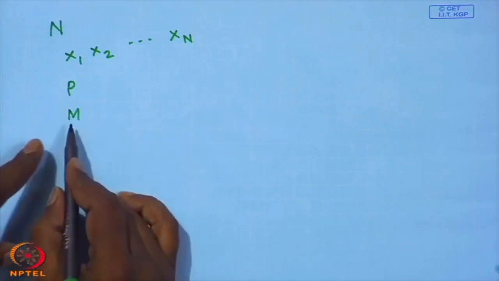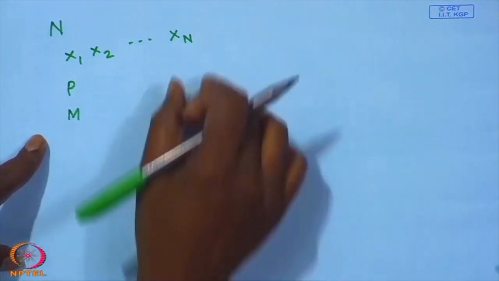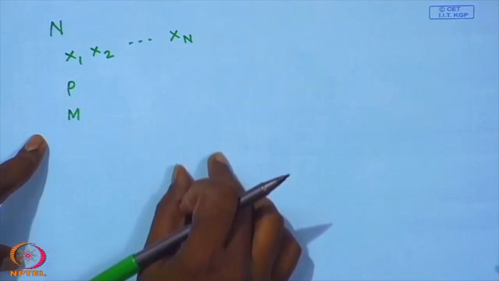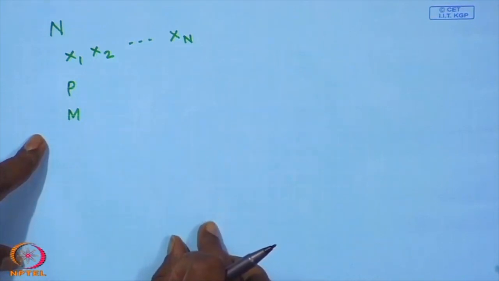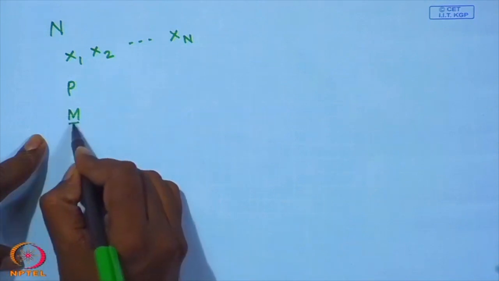Okay. So, naturally, at the hidden layer I have to have capital M number of nodes, and for each of these nodes I have to have a receptor.